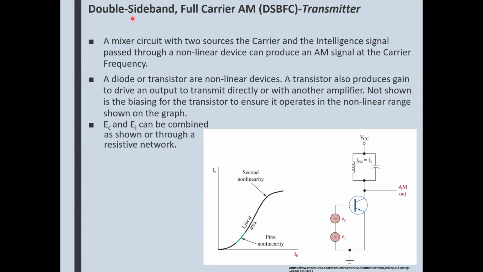All right. Double-sided full carrier AM, double-sided full carrier transmitter. A mixer circuit with two sources, the carrier we talked about and the intelligence signal, pass through a nonlinear device. That's the key. The device has to be nonlinear, or have nonlinear capabilities, and a transistor is just the thing to use.